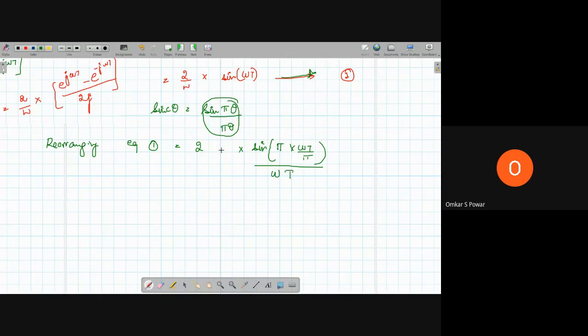I'll multiply by T, divide by T, and multiply by pi divided by pi. Now it looks in terms of sine pi theta divided by pi theta. So how can we simplify this one? 2 into T sinc of omega T by pi.